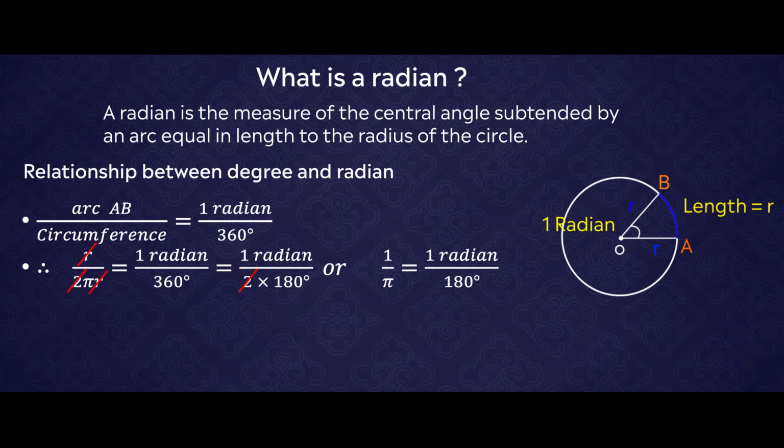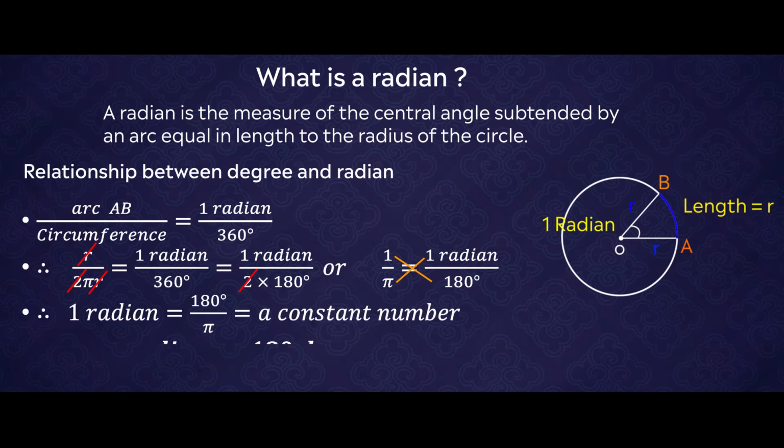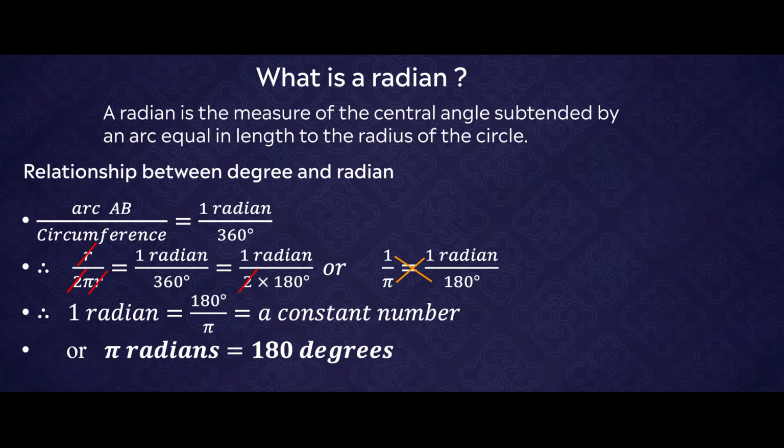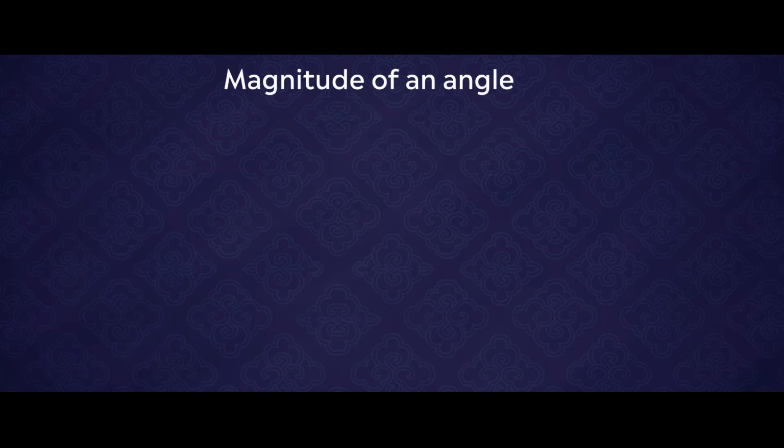So, if you cross multiply, 1 radian into pi can be written as pi radian, which is equal to 180 degree.